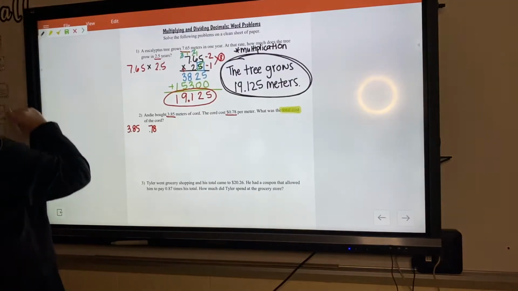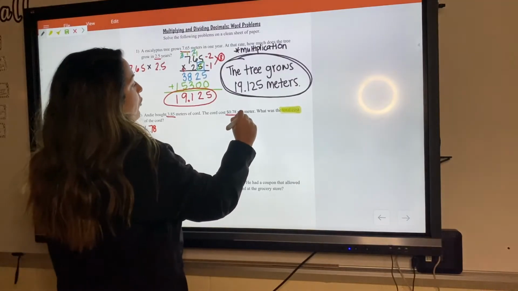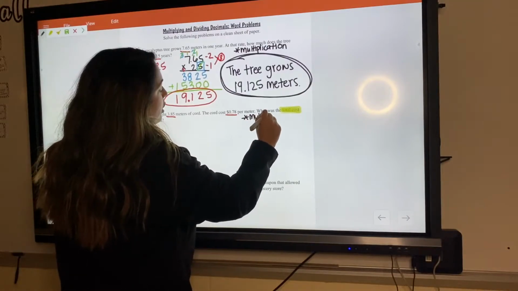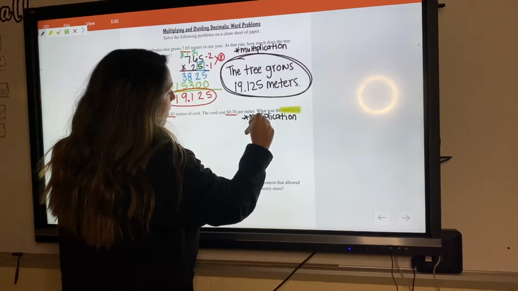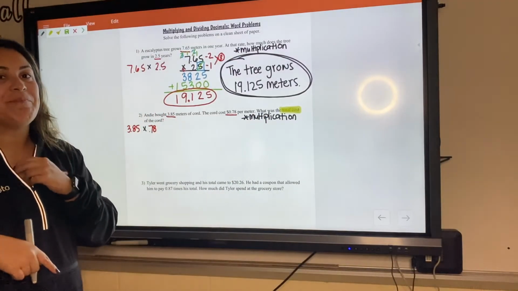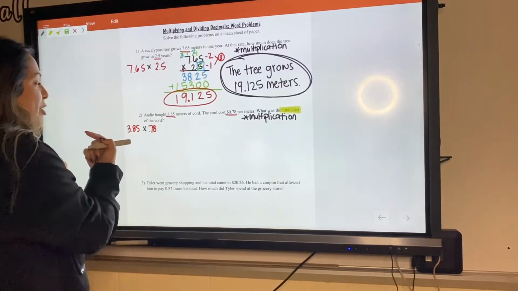So I'm going to put a multiplication symbol there, and over here, I'm just gonna write a little note that it is a multiplication problem. Just as a reminder, because you will see these word problems again. Hint, hint. I can't wink, but I tried.